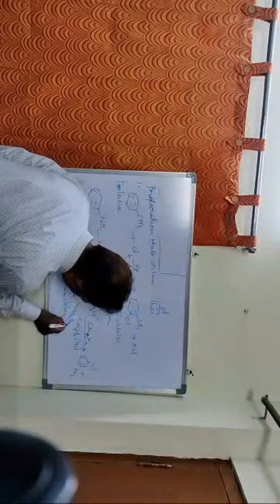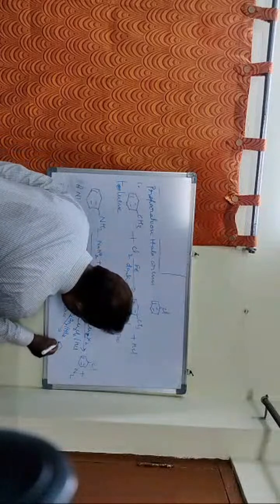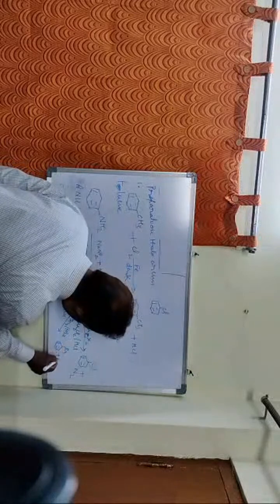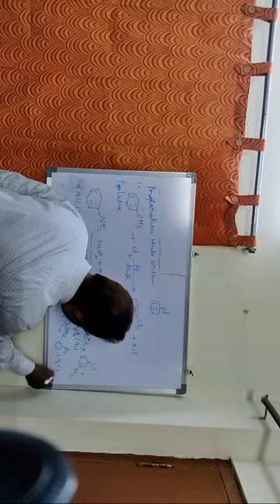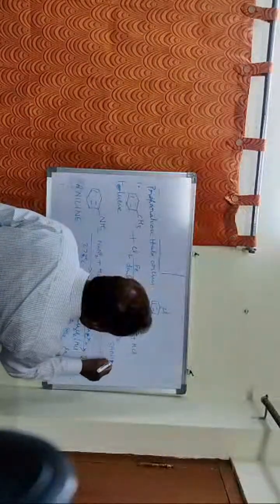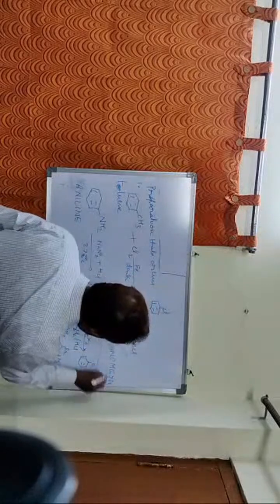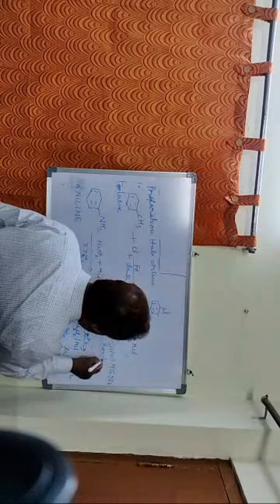If this substance is treated with Cu2Br2 in the presence of HBr, what do we get here? We get bromobenzene plus N2 plus HCl. So this particular reaction is referred to as the Sandmeyer reaction.